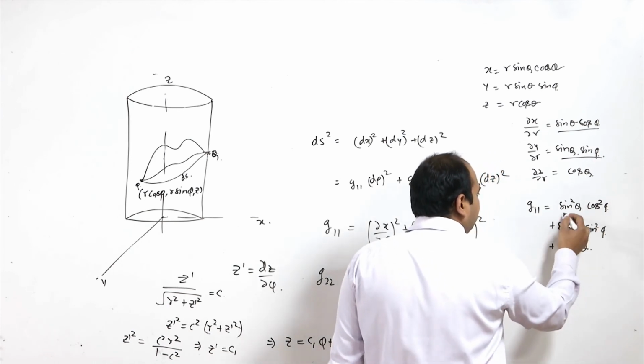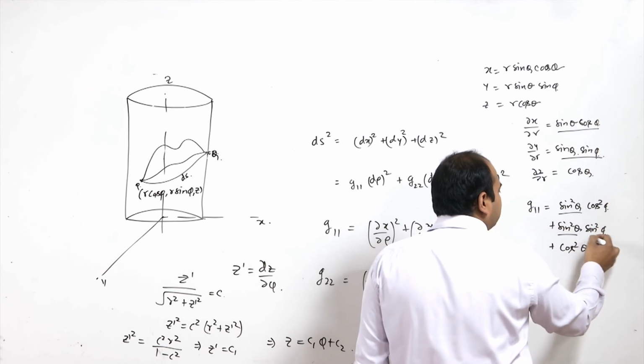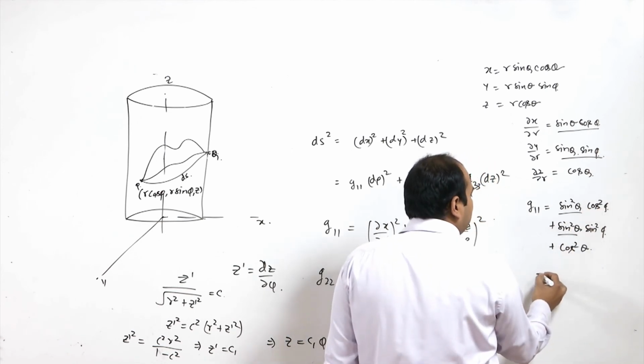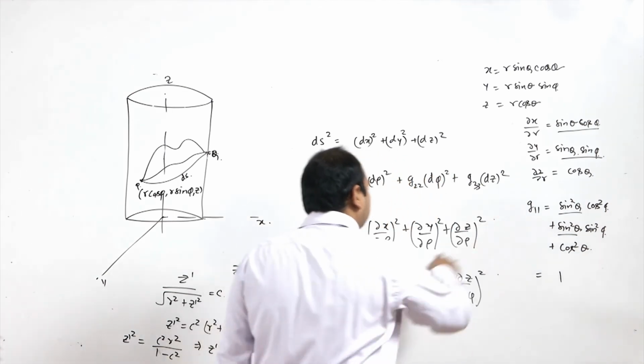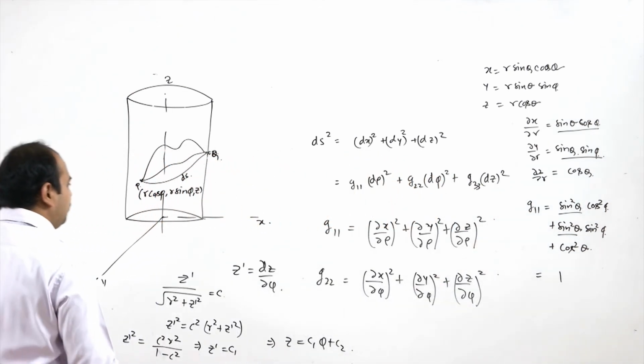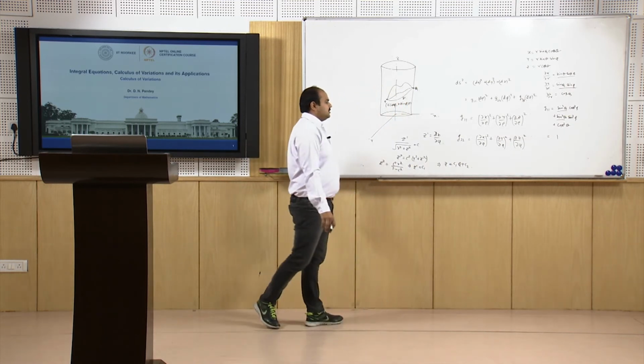Taking sin square theta common, cos square phi plus sin square phi is 1, and ultimately you get sin square theta plus cos square theta, which is 1. So in this case you get g11, and similarly you can find g22 and g33.